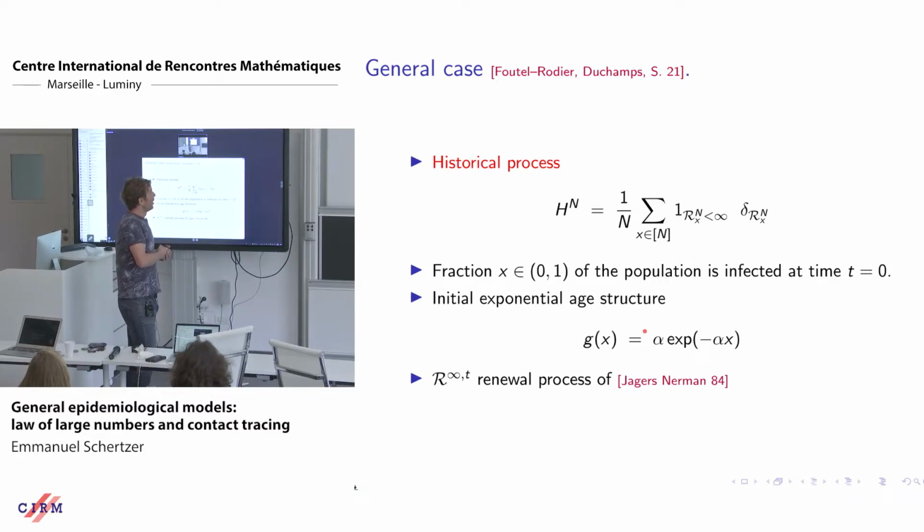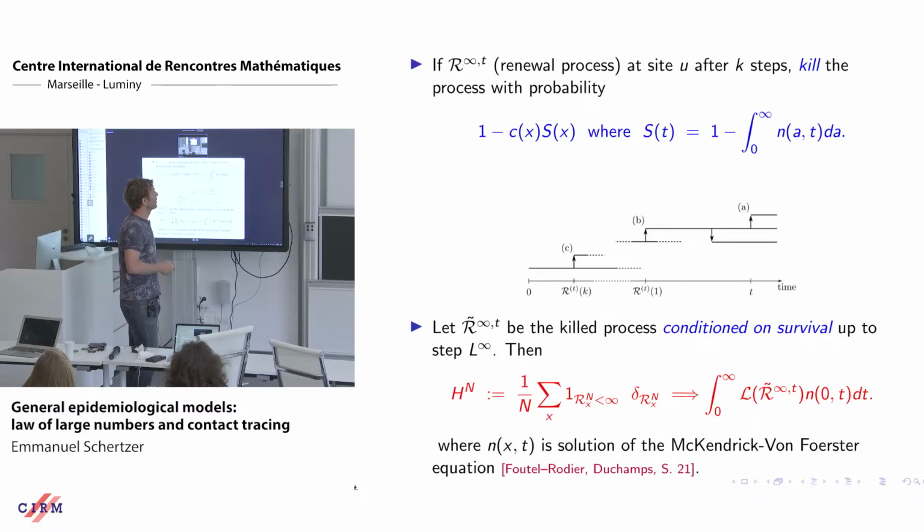And so what we show is that if we look at this chronological chain, reporting the ages of infection backward in time, then the object that we get is very close to the Jagers and Nerman renewal process. This works like this. You take your renewal process, the same one as before, and now you kill it.